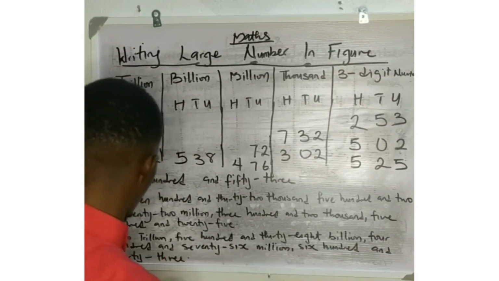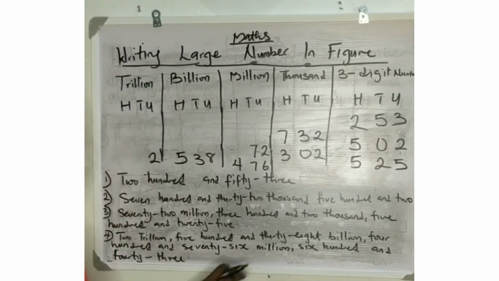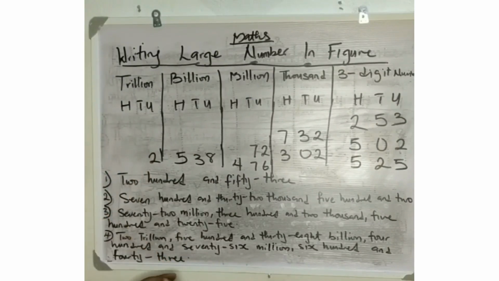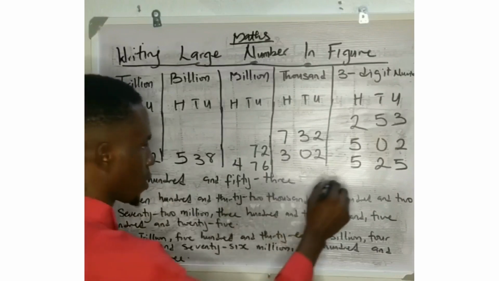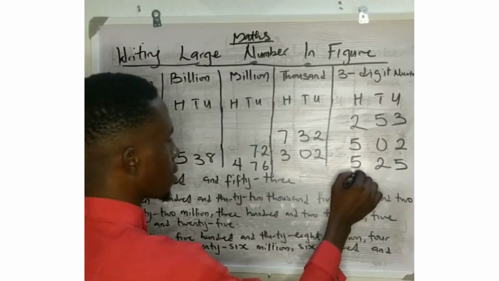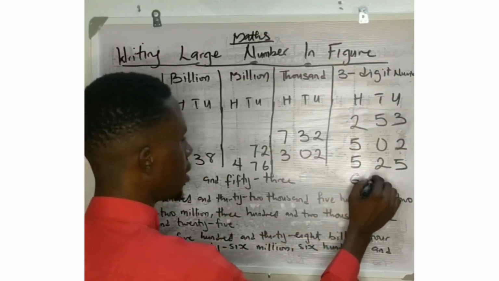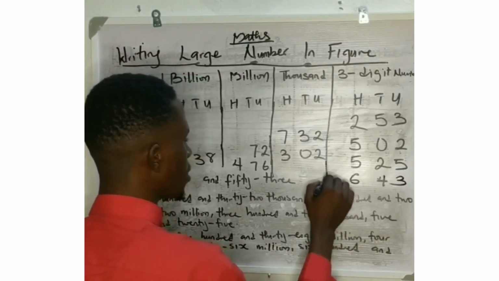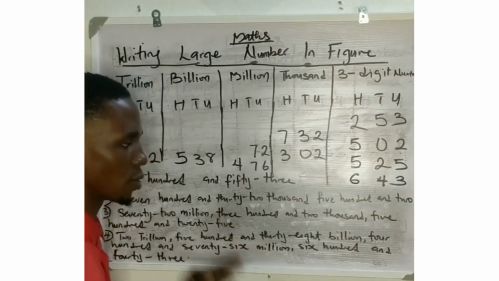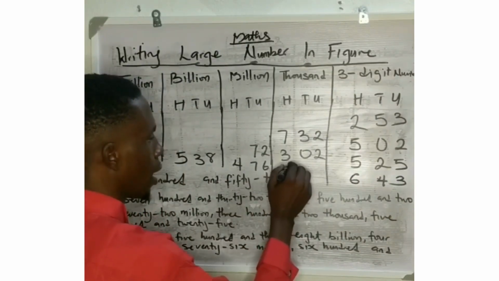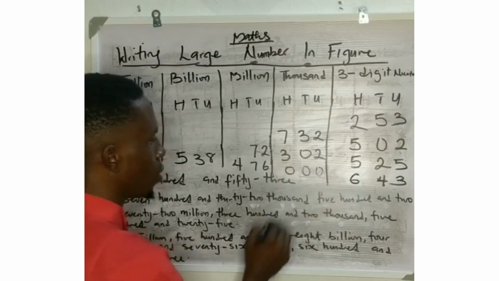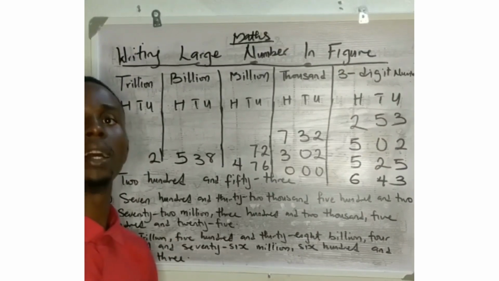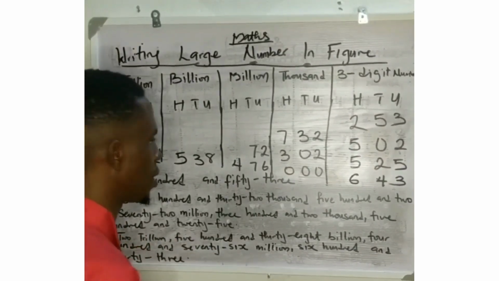Then 643. They have 643. Then it means that they have what? Omitted 1,000. So we just come here and write 643. Since there's no 1,000 mentioned, it means you're going to what? Add 0, 0, 0. So you see, it is easier than expected.